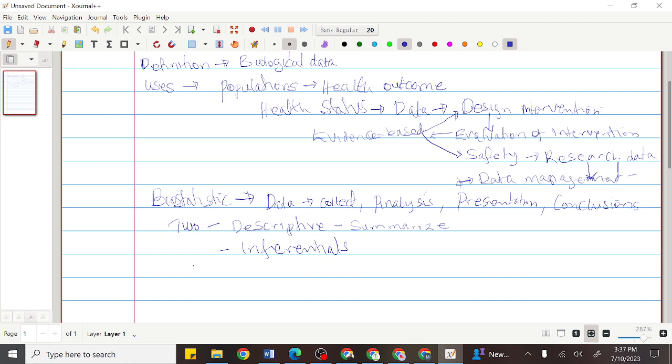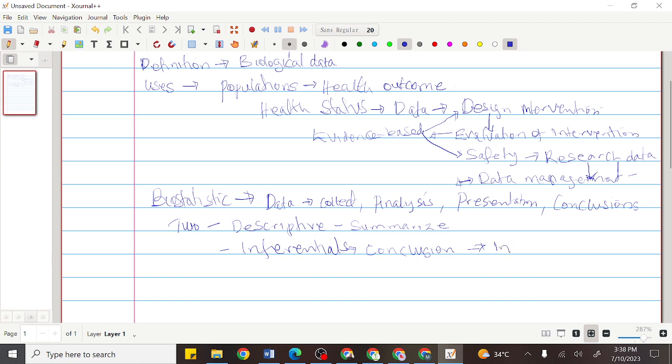And then inferential statistics is on the fact that we usually don't collect data on everyone in a population, that we collect data from a sample. So how we make conclusions based on data that we have from the sample is what we call inference.